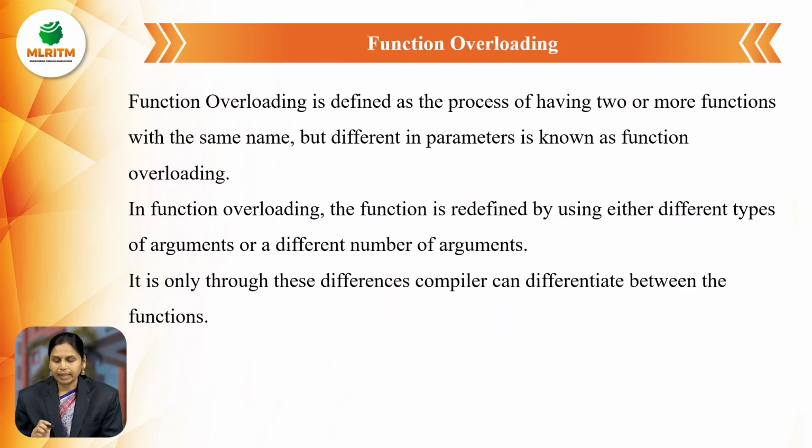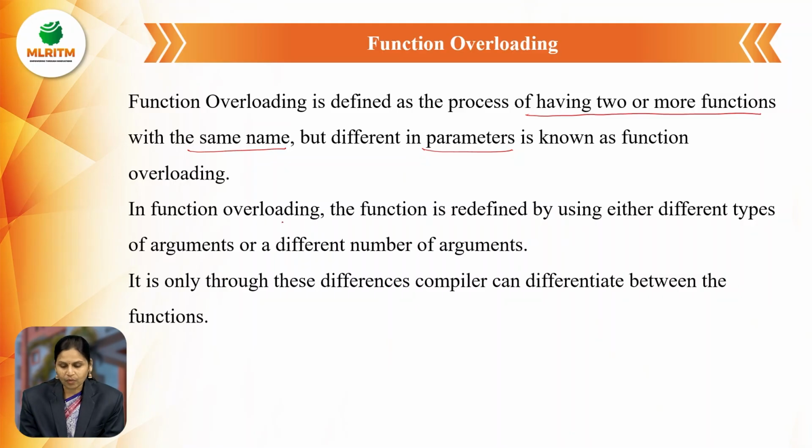Function overloading is defined as the process of having two or more functions with the same name. In a single program, we use the same function name multiple times, but those multiple functions are differentiated in the form of parameters. Multiple functions contain different types of parameters.